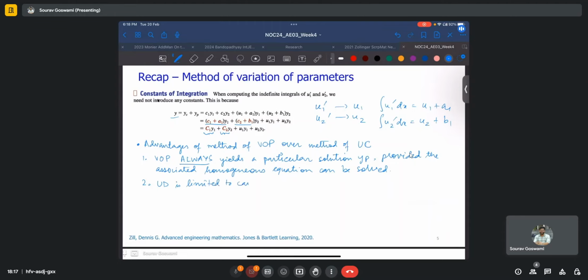So it's limited to cases where the input function f(x) is a combination of a few types of elementary functions.